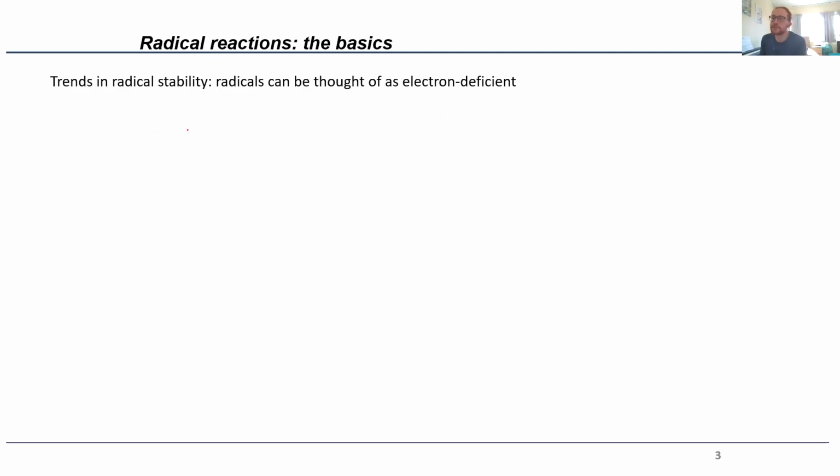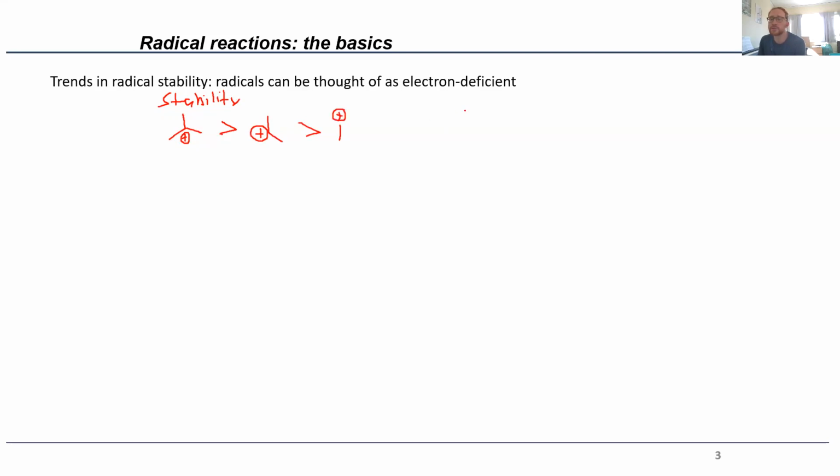And so for that reason, for example, we know that tertiary carbocations are more stable than secondary carbocations, which are more stable than primary carbocations.